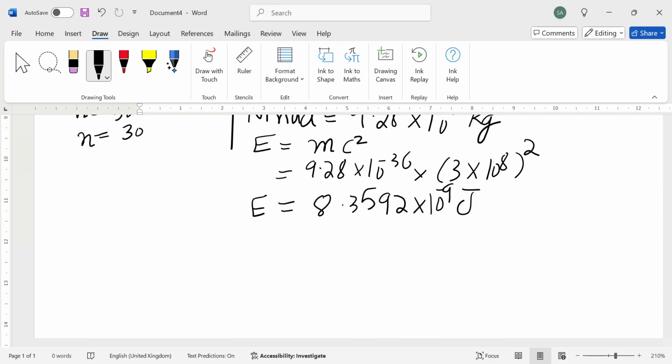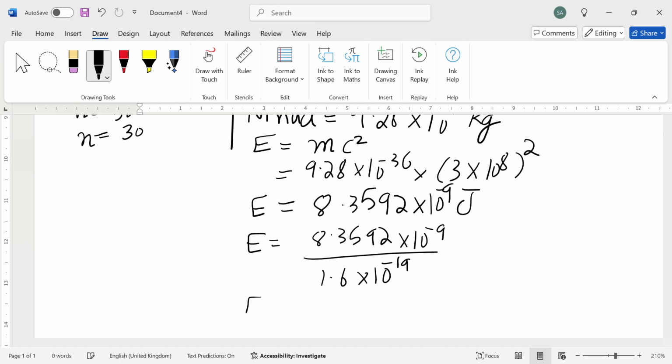In order to convert it into electron volts, you have to divide it by the charge of the electron, that is 8.3592 × 10^-9 divided by 1.6 × 10^-19. This would give you 5.2245 electron volts, and 10 to the power -9 and -19.